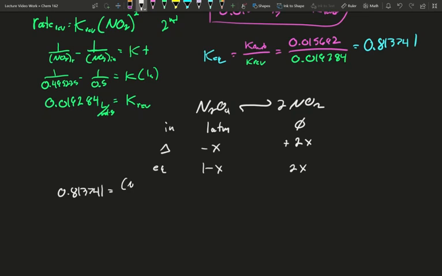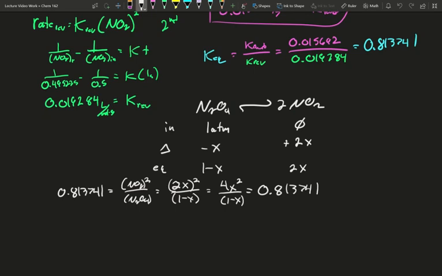Well, that would be NO2 squared divided by N2O4, which in this case is going to be 2x squared divided by 1 minus x, or 4x squared over 1 minus x must be equal to 0.813741.